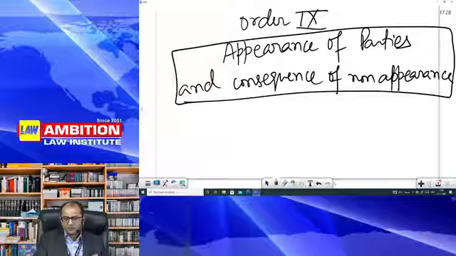Both can be amended. We read the law regarding amendment of pleading as per Order 6 Rule 17, and we saw other amendments in CPC like Sections 152, 153, 153A, then Order 22, then Order 1 Rule 10 Sub-rule 2, various other provisions. Then we saw Order 6 Rule 16, that is compulsory amendment, and Order 6 Rule 17, that is voluntary amendment.